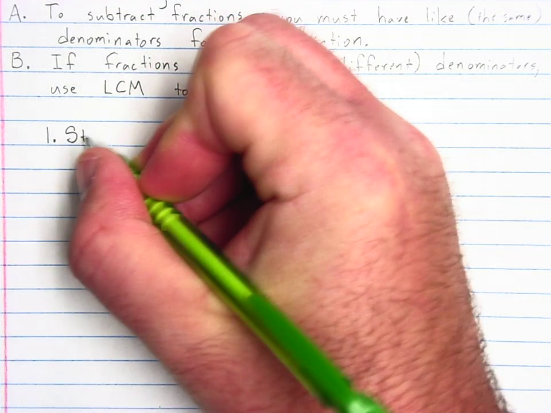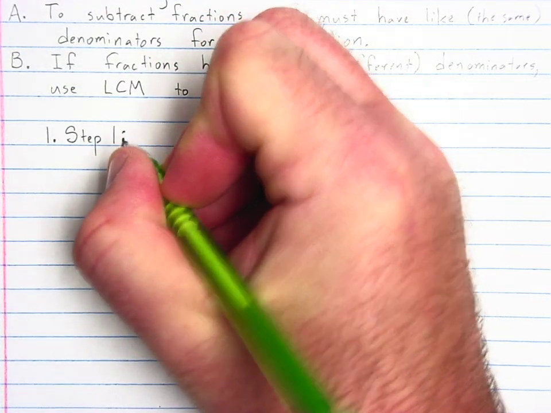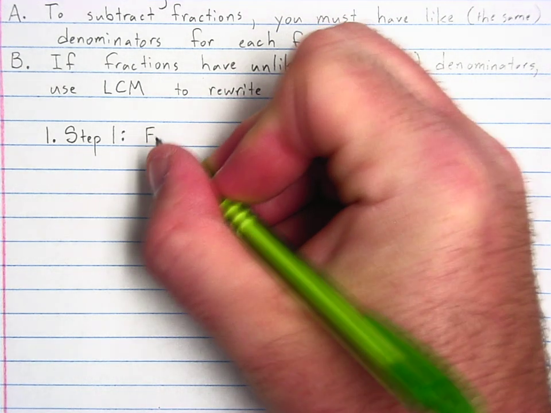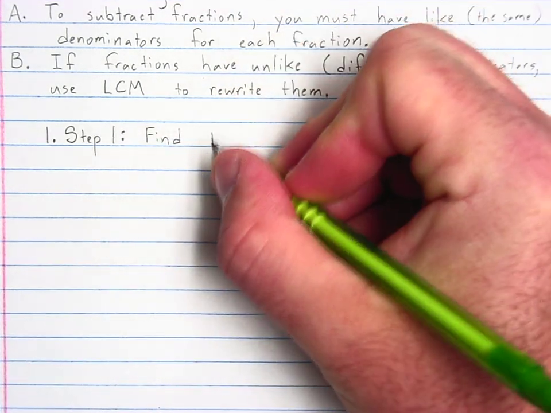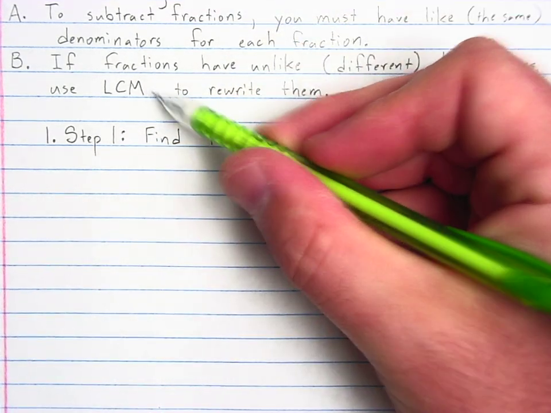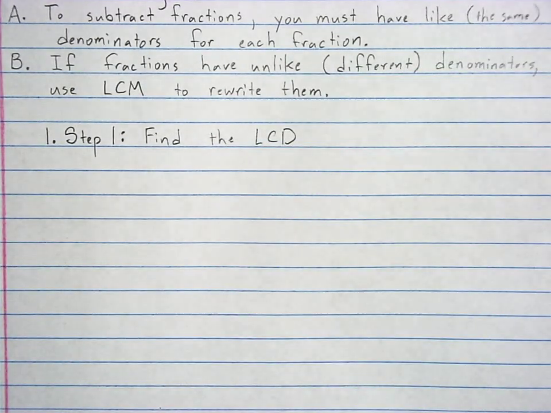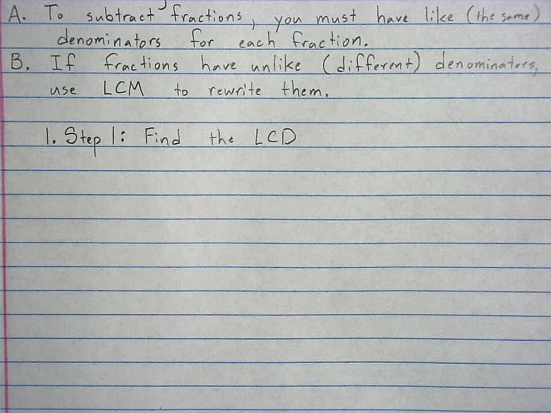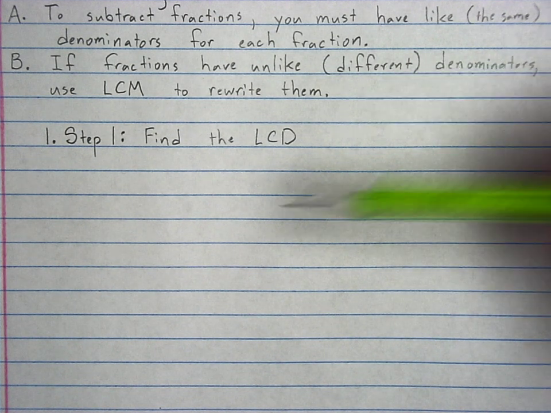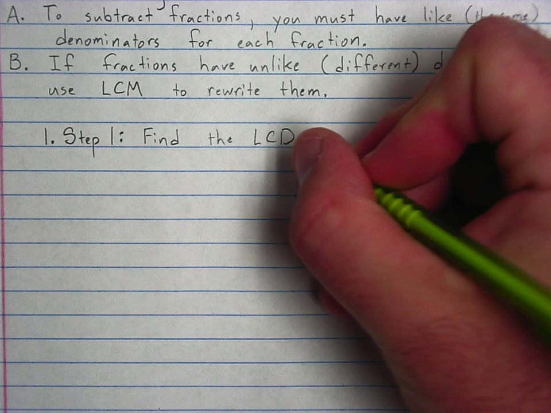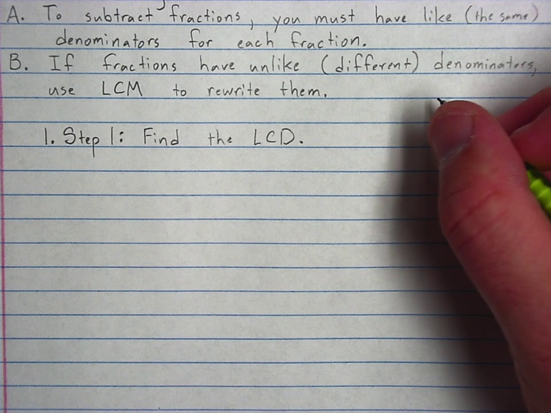So let's go ahead and take a look at that, see how it works. Step 1. Find the LCD. Now, why is it LCM up here, but then it's LCD down below? Well, when we're dealing with fractions, we want to find the least common denominator. That's a little more specific. We're still using LCM, though. We're using that strategy.